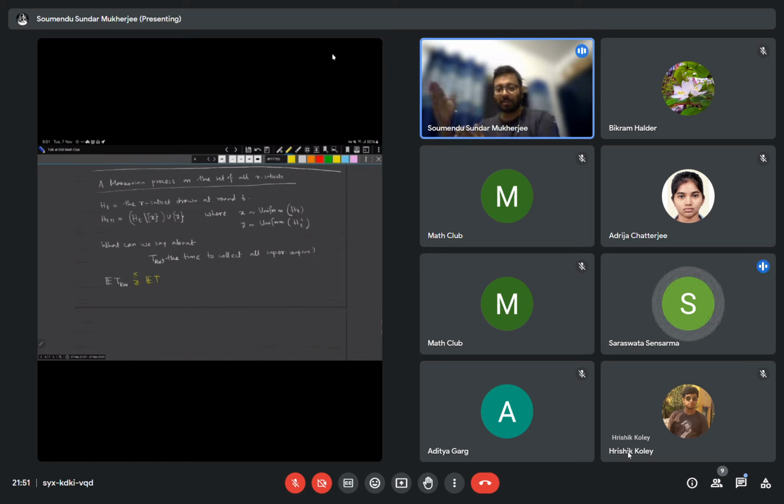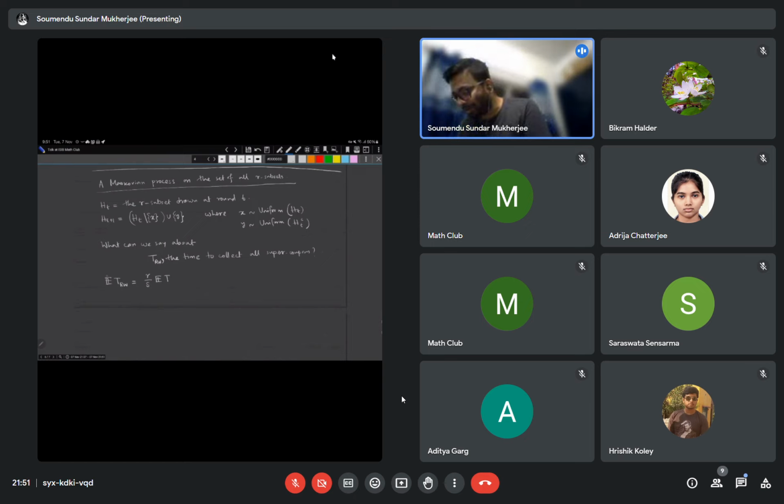Previously, these HTs were all independent. They will be larger, right? That's natural to expect because you are potentially seeing fewer new coupons, since you are not changing the HT much. So we expect T_RW to be larger than previously. Larger by what amount? Our conjecture is it's R by S times the expectation of T, the previous one.